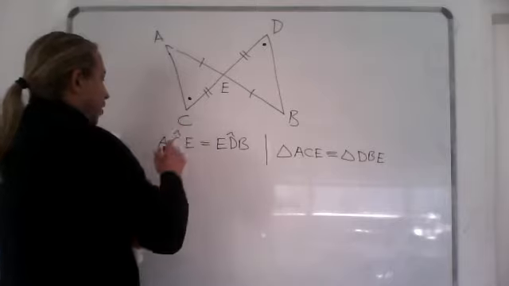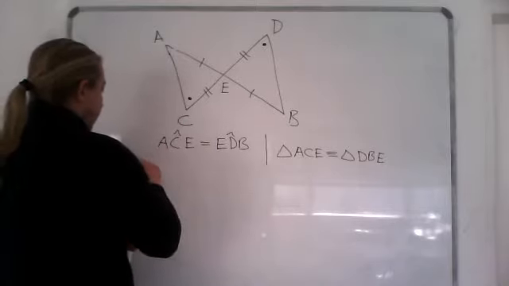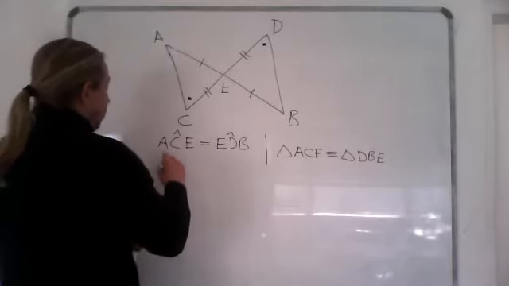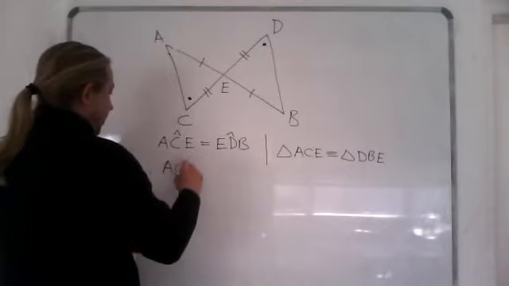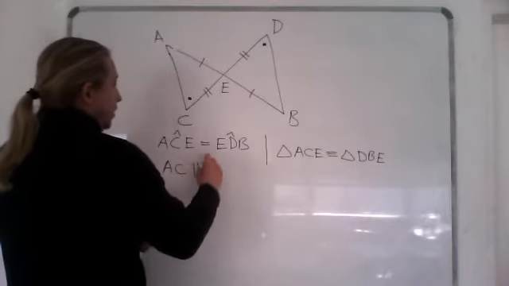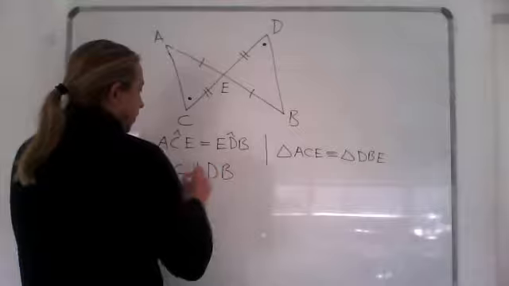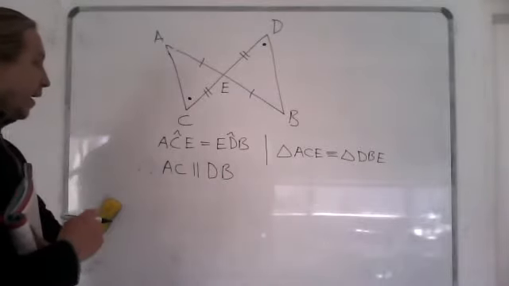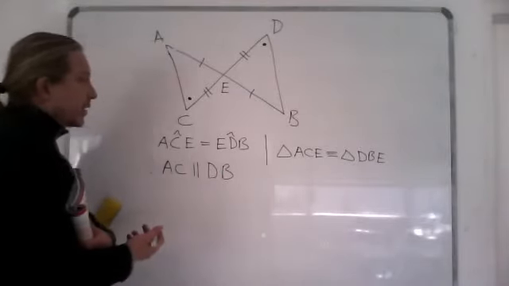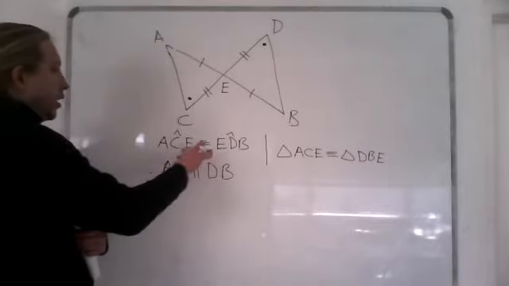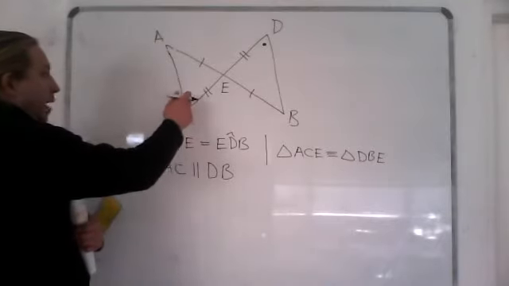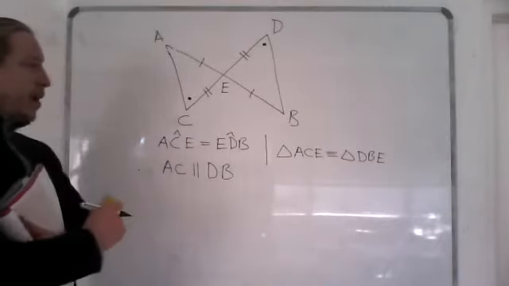So we're going to say that, therefore, AC is parallel to DB. We don't need to say anything else because we've actually shown that the two angles are the same, therefore they are parallel.